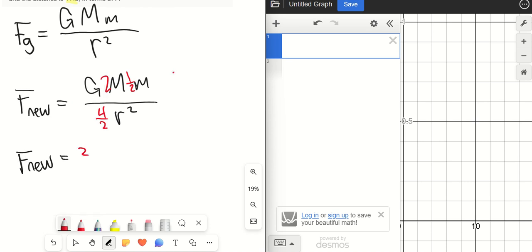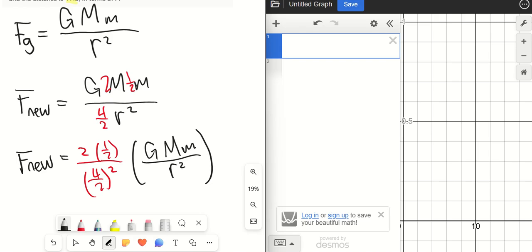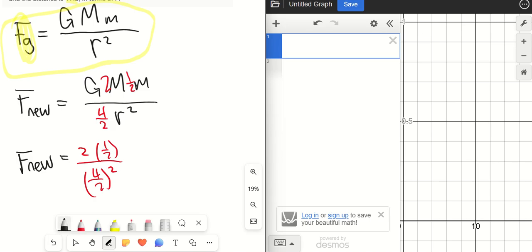So this is going to be 2 times 1/2 over 4 over 2. This has to be squared. And then I'm going to have my original equation. So G big M little m over r squared. Everything I see right here, I can substitute into it. So I'm going to substitute in the original force. So this all becomes the original force. So this is my original force called Fg.